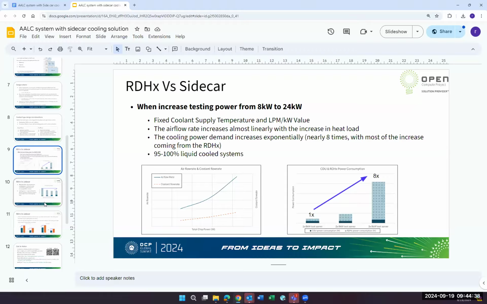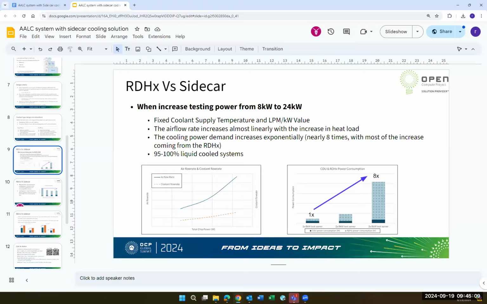Okay, so the first is our test condition, which uses the coolant supply temperature and thermal expenditure of the coolant. So the operating coolant flow rate will increase along with the cooling load.